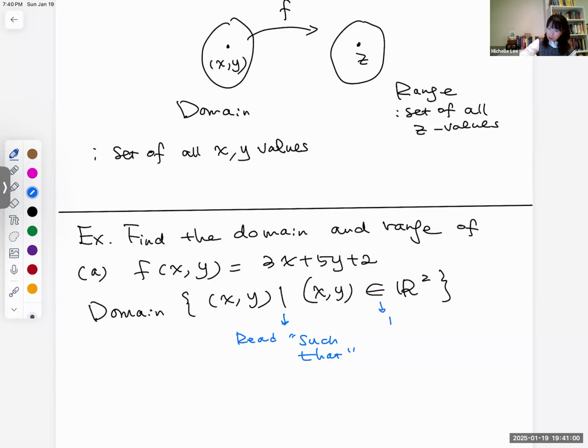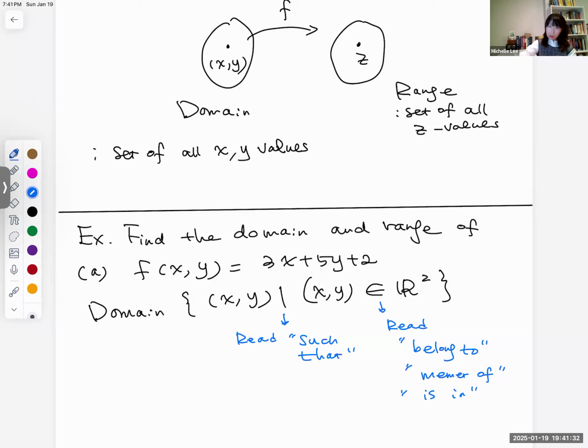This means, read as, belongs to, or member of, or is in.